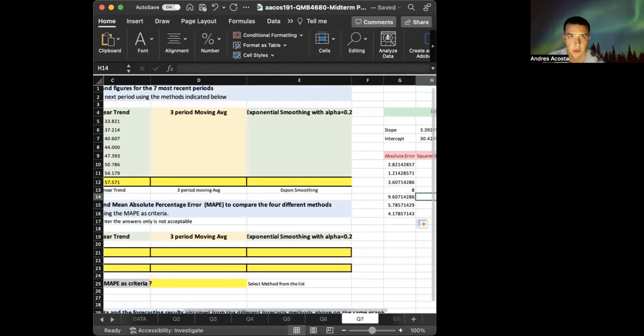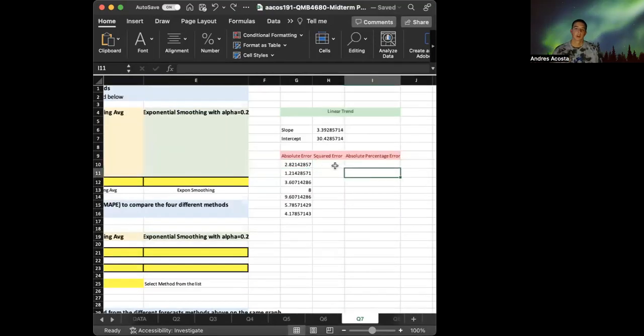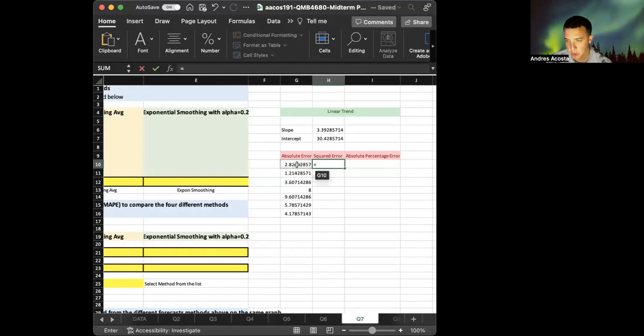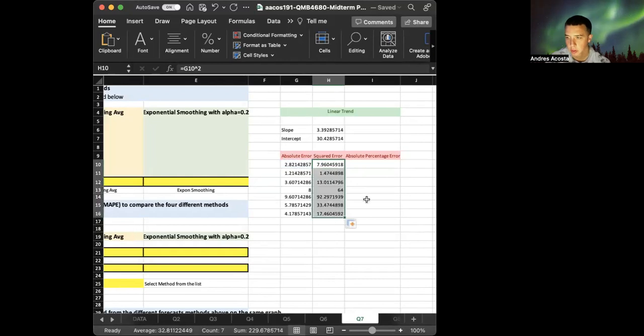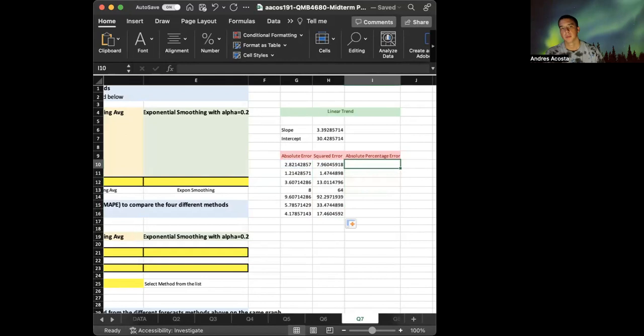Now the next thing to find is our squared error, which explains itself. We click the equal sign and square the absolute error with shift 2. That squares our absolute error, and we bring down the cross all the way down for the rest.